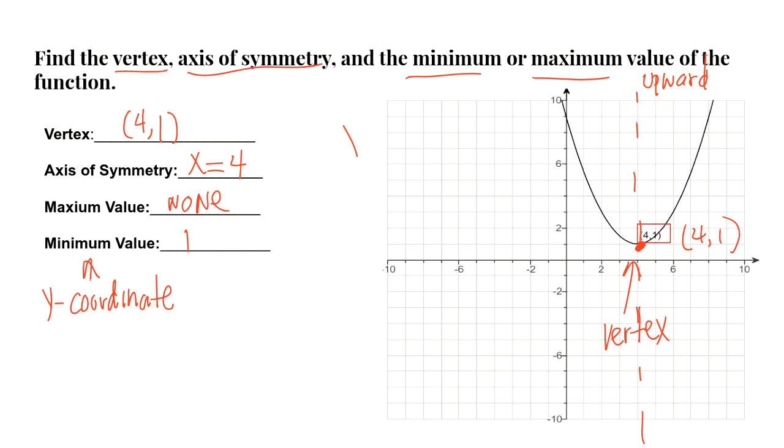So any questions on finding the vertex, axis of symmetry, and whether we have a minimum or maximum value? Yes, if the parabola opens down, we will have a maximum value because that's my highest point.